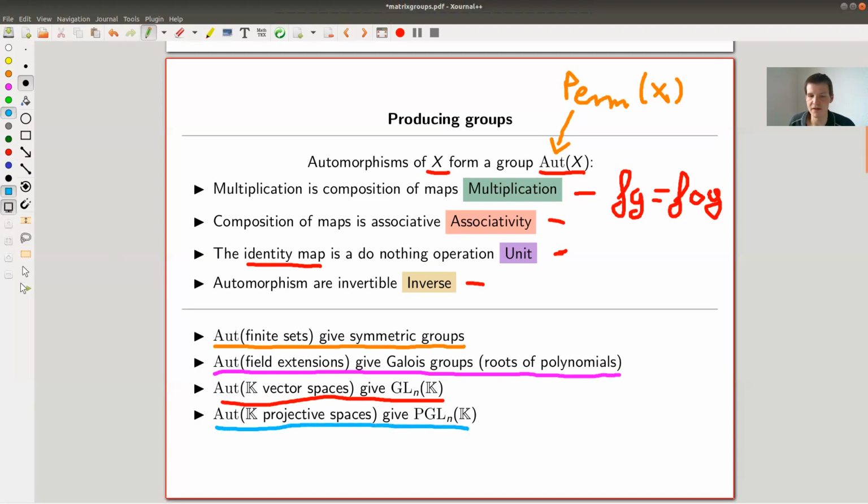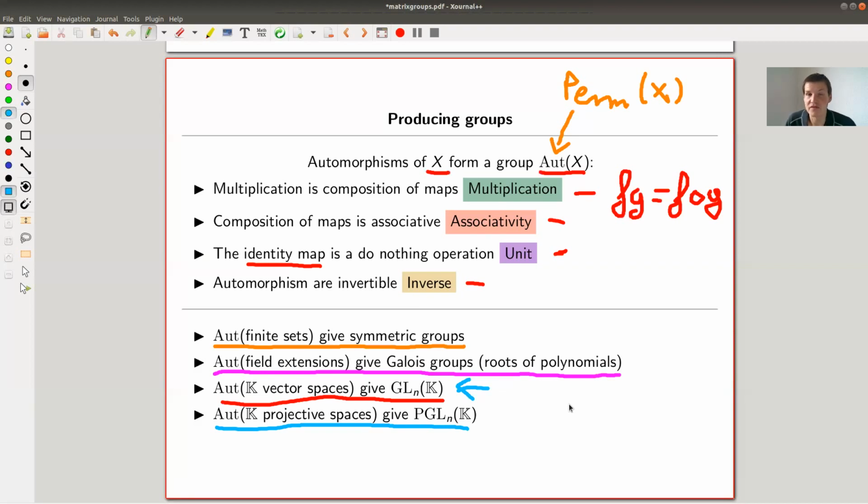If you would take, for example, automorphisms of projective spaces, you would get projective linear, general linear groups. But don't worry about those too much. There are a lot of things you can play around with. So automorphisms of X, that's always a group. And in a lot of cases, if X has some extra structure, like k-linear, like this one, you can push this to the group as well in some sense.